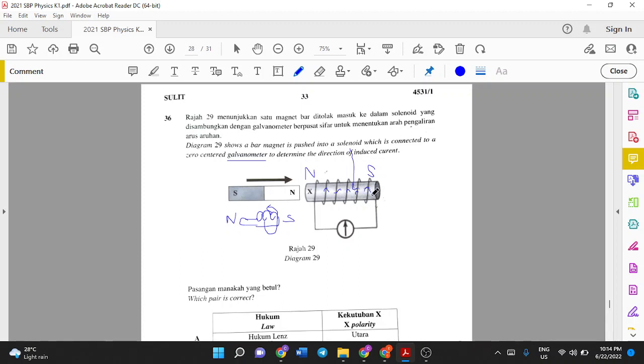If the question is given like this, one is S, this one is N. In order to oppose the movement of the magnet, the currents will flow such that here will be south, here will be north, and you just use the same right hand grip rule. So the currents will flow in such a direction.